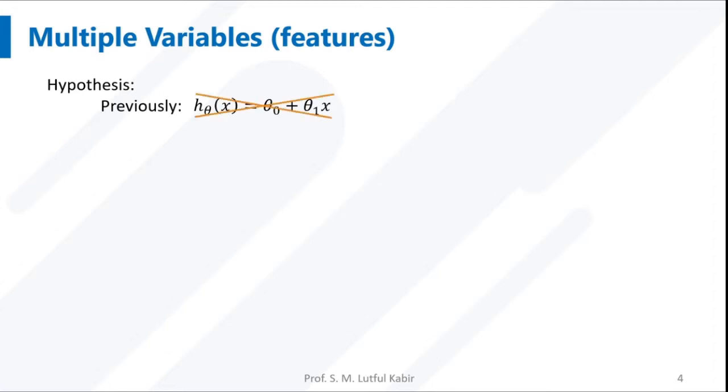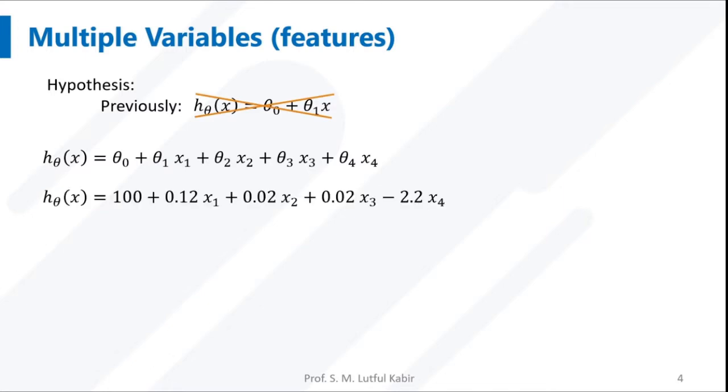Now this definition will not hold, and the definition for the hypothesis will now be equal to theta 0 plus theta 1 x1, theta 2 x2, theta 3 x3, and theta 4 x4. x1, x2, x3, x4 are the different variables or features, and theta 1, theta 2, theta 3, and theta 4 are the parameters. So, including the constant parameter, there are 5 parameters.